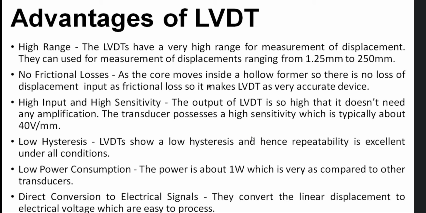No frictional losses. As the core moves inside the hollow former, there is no loss of displacement input as frictional loss, so it makes the LVDT a very accurate device. The third point is high input and high sensitivity.